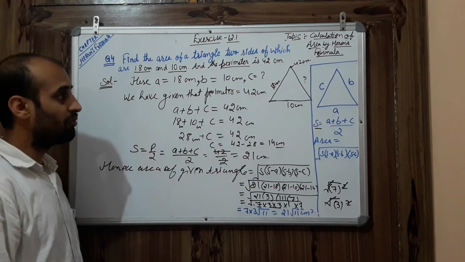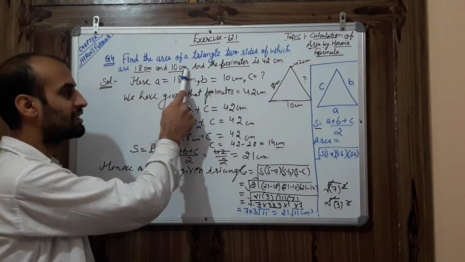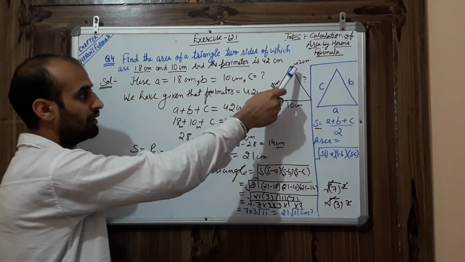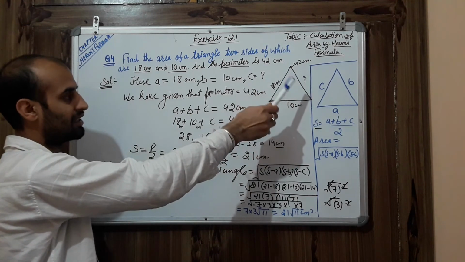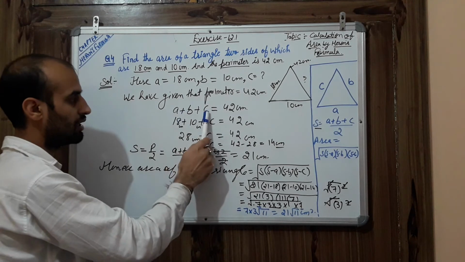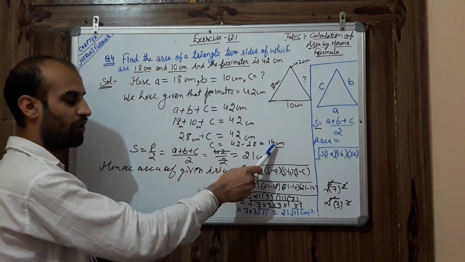So let's see again what is the full question. The question is given to us in the form of perimeter and two sides are given to us. So we have converted it into the form of a picture or a figure. After converting into a figure, your task is to calculate the third side. So the sum of three sides is the perimeter. So the sum is equal to 42. Substitute the value. Find C from here, that is 14.